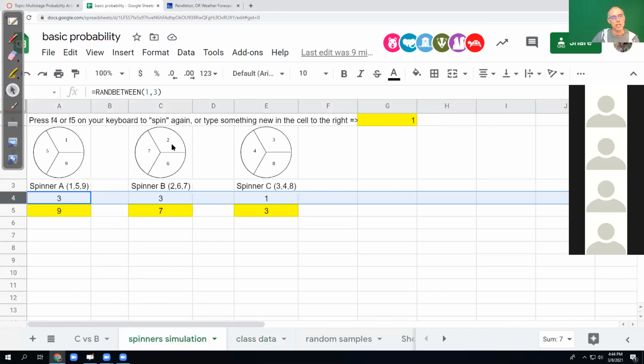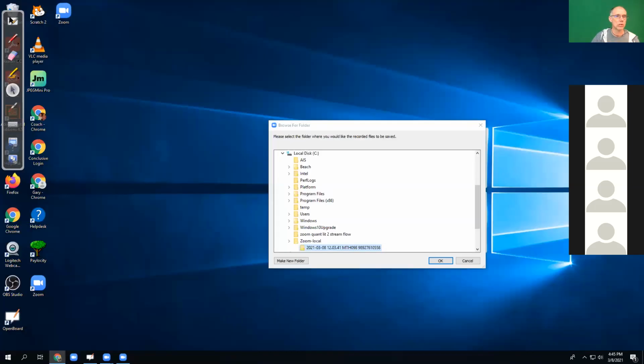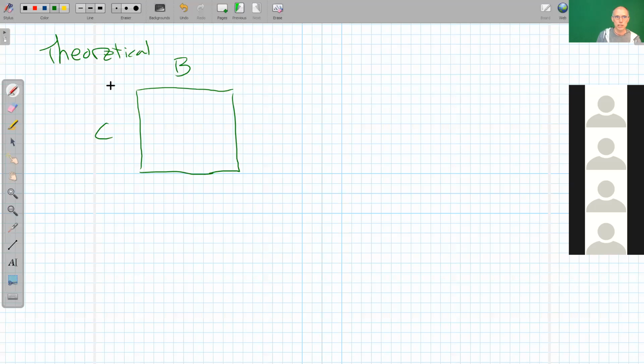All right, so B is 2, 6, 7, and C is 3, 4, 8. How many possible outcomes are there with these two spinners? There's 3 times 3, there's 9 possible outcomes, right?